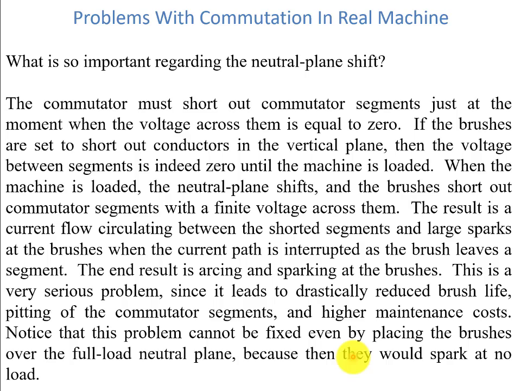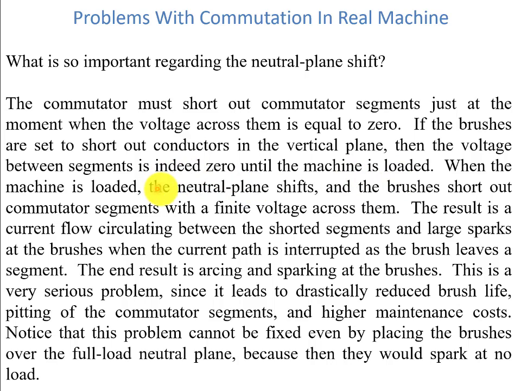So what is so important regarding the neutral plane shift? The commutator must short out commutator segments just at the moment when the voltage across them is equal to 0, meaning when they are on the neutral plane. If the brushes are set to short out conductors in a vertical plane, then the voltage between segments is indeed 0 until the machine is loaded.